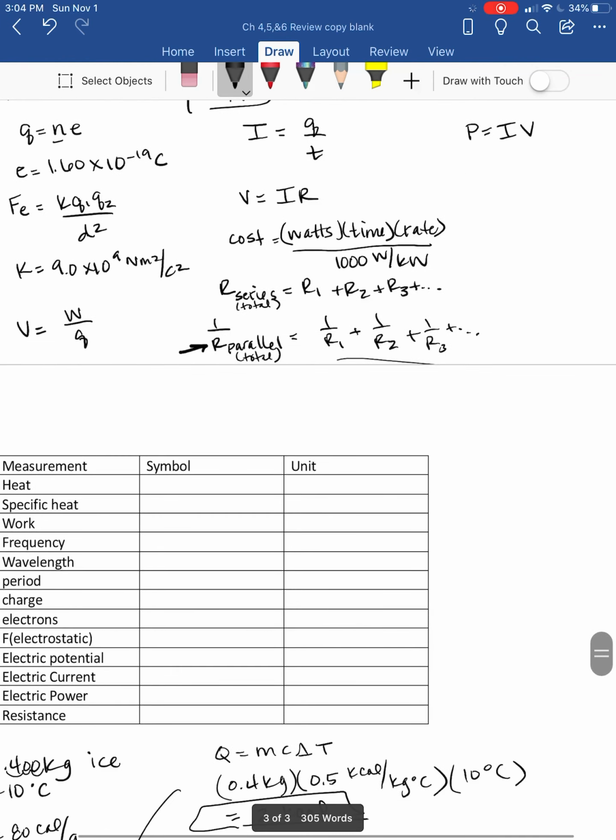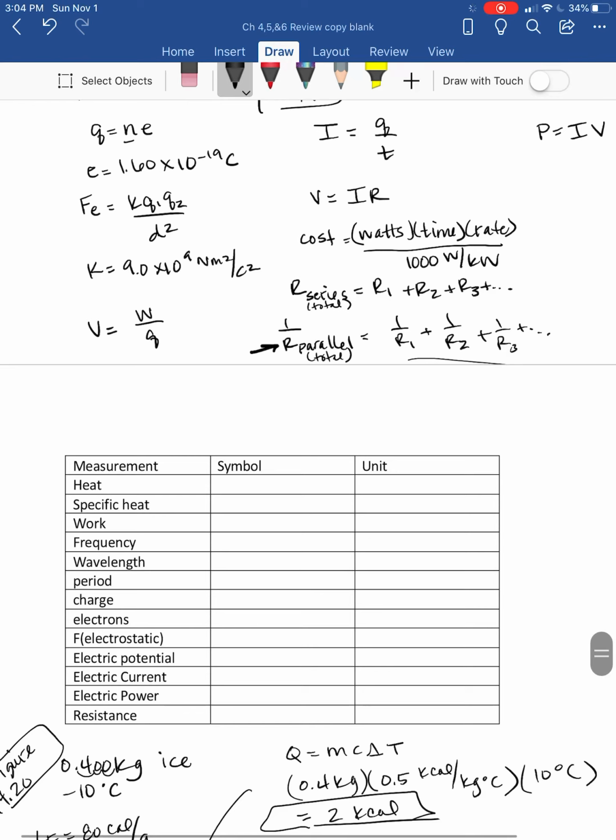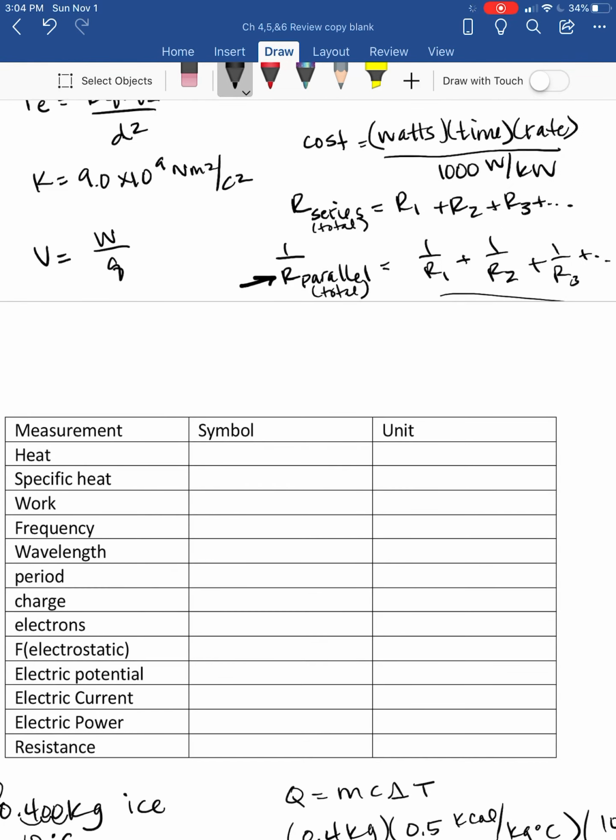Okay, and then, like I said, we have this table here too. So I'll zoom in a little bit so that I can write a little bit bigger. So for heat, the symbol for heat is Q. And remember that heat is measured in calories, and it could also be kilocalories. Okay.